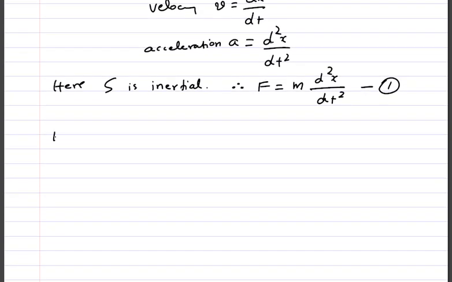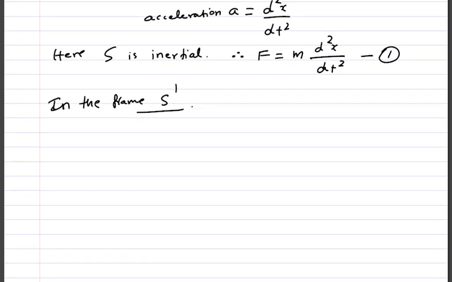In the frame S dash, life is slightly different here. Displacement is very neat. You just write displacement, velocity, acceleration, and then calculate the force in both frames of reference, and here you will know that it's not the same.